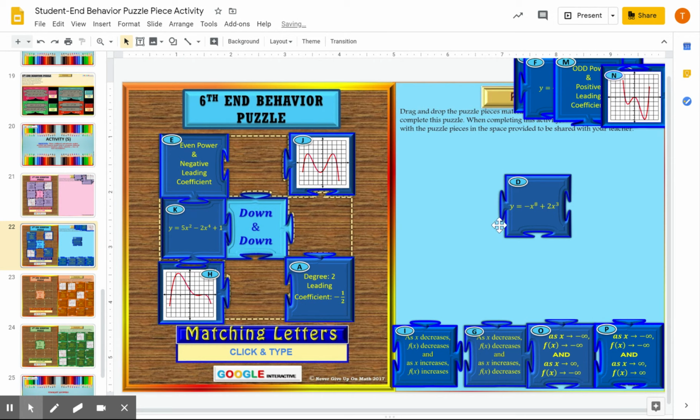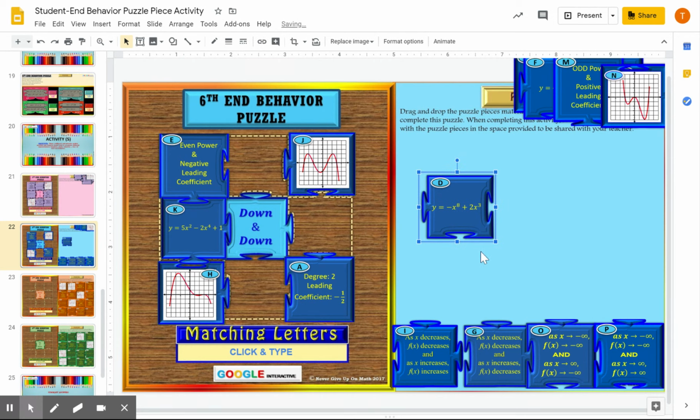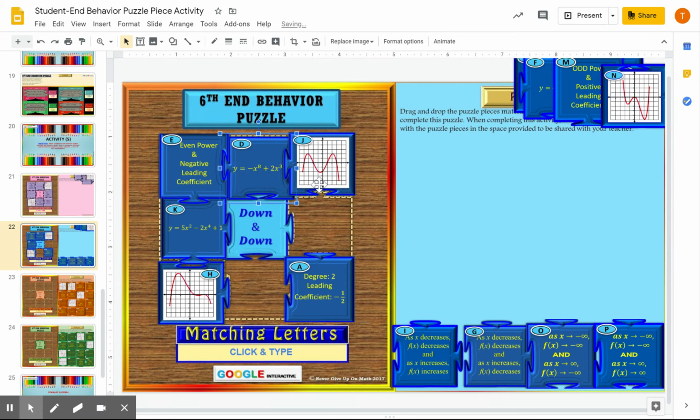Cool. And then looking at D, negative x to the 8th plus 2x cubed. Well, this is an even function. It's an even degree, 8, and it has a leading coefficient of negative 1. So this is also a down, down, which I believe will go right there.